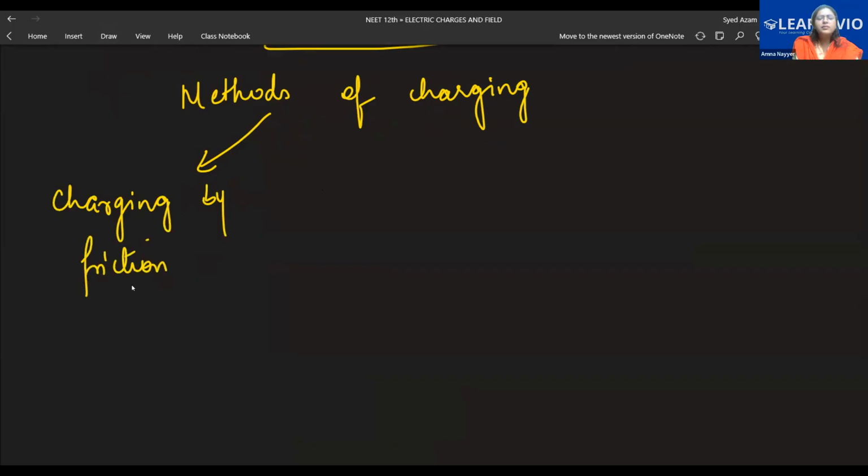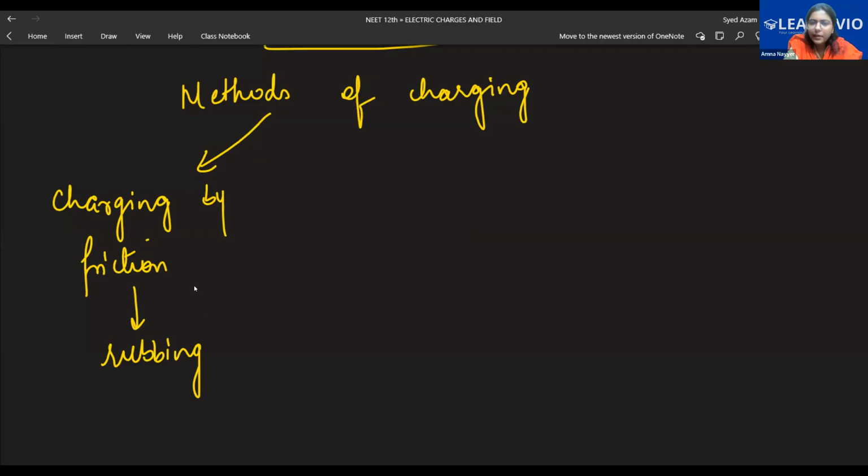When we say charging by friction, this simply means charging by rubbing. The work is done against the frictional force and the valence electron gets transferred. So this is simple. Whichever has the strong bonding will not allow the electrons to move and the other one will allow the electron to move. So charging by friction, I'm not going into the details of it.